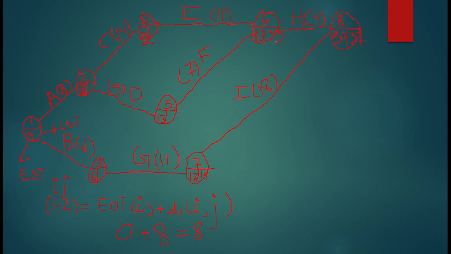Earlier I was adding it. When I was moving forward I was adding. Here I have to deduct. So when you are going backward, what would be the formula?